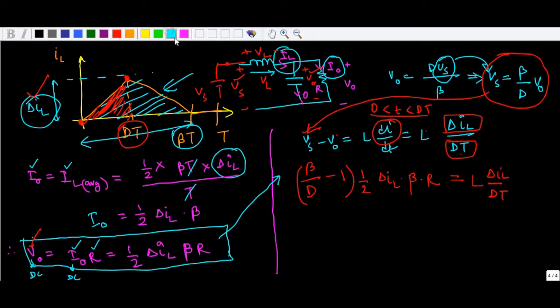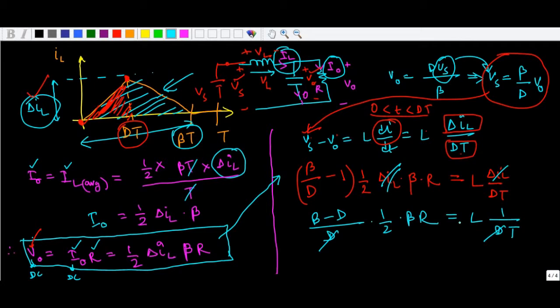Now from both sides, we see that this del IL term will get cancelled out, and also this d term. If we simplify it like this, beta minus d into half into beta R equals L times 1 by dT. So this d term will also get cancelled out.